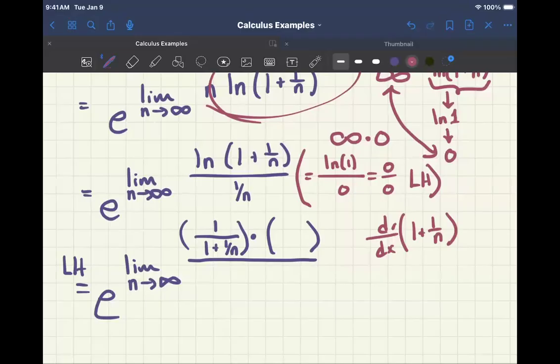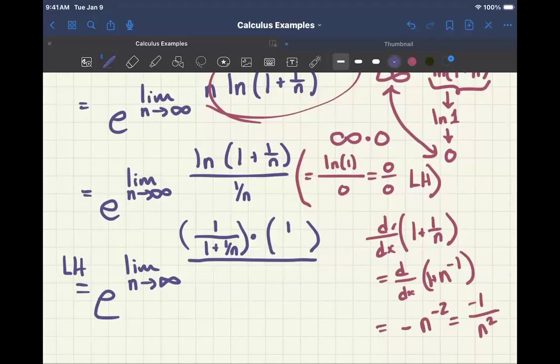And notice our 1 is going to disappear. That's just a constant. The 1 over n can be rewritten as n to the negative 1. And we take our power down, subtract 1 to make our new power. So this is negative 1 over n squared. And that's our derivative.